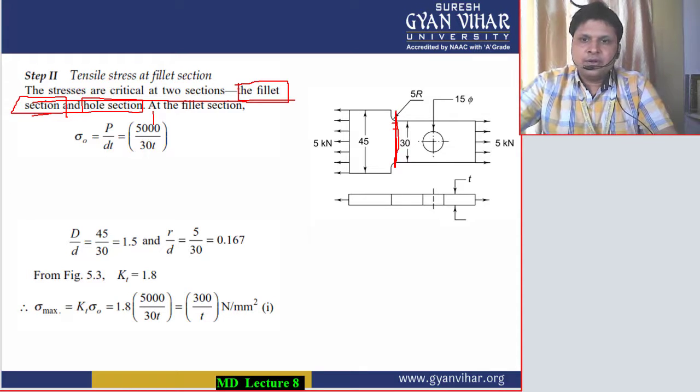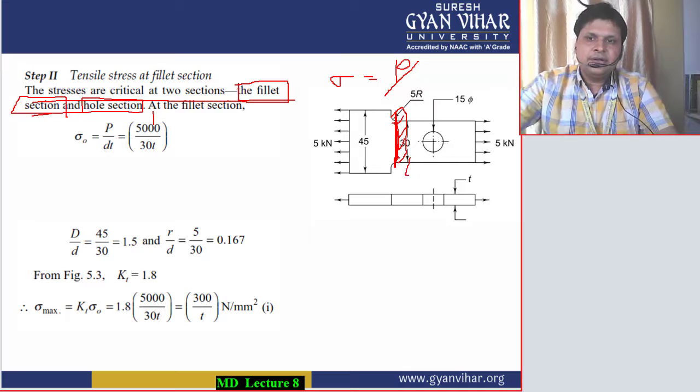So how will we calculate the stress at this portion? The elementary equation for finding stress is load by area. Here, what will be the area? If you have taken the thickness as T, then T into 30 means 30T will give you the area, so P upon 30T will give you the value of stress.